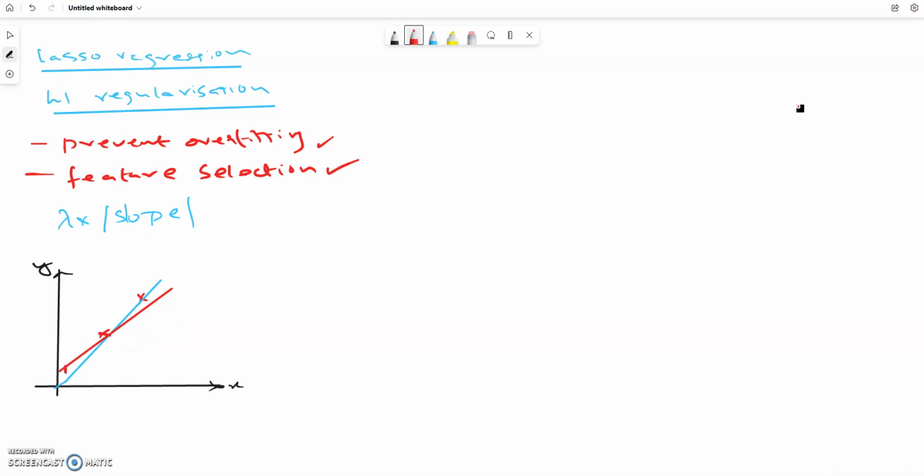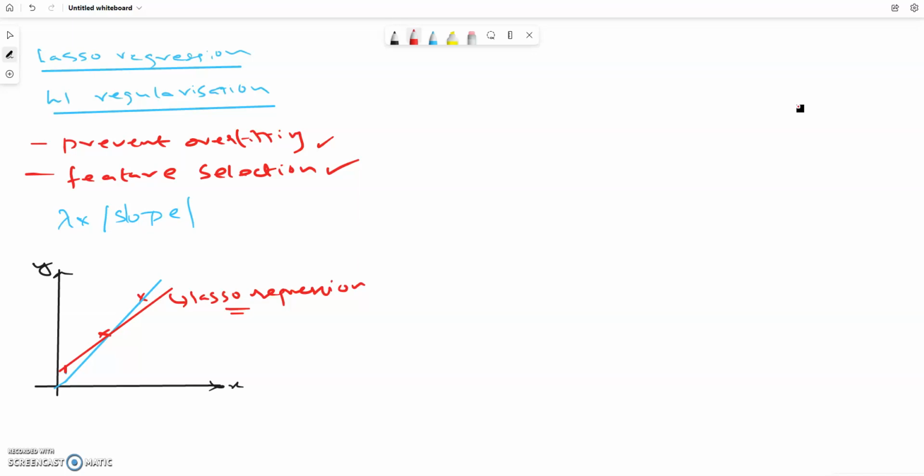Let us say this is our lasso regression line. Like ridge regression, this will also do similar things. Why we are using lasso regression, we already talked about: to prevent overfitting.